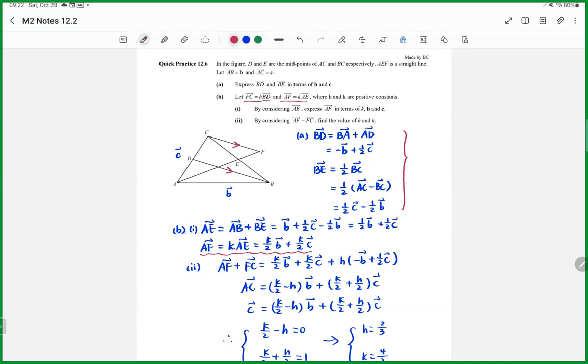So these are more conditions added. As long as we know they're parallel, expressing H is fine. As long as we know they're collinear, then there's a K, that's okay. So you must be okay.